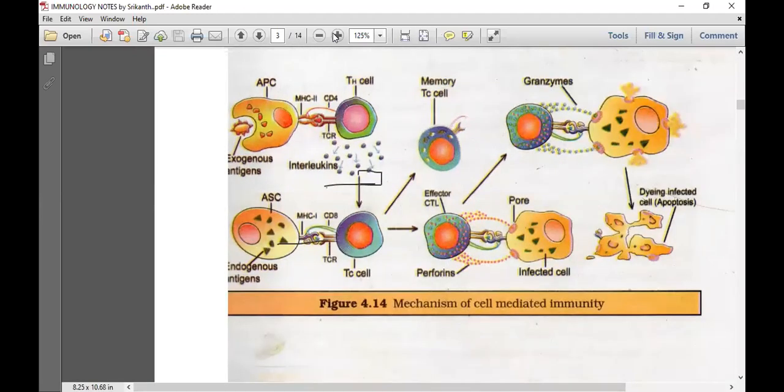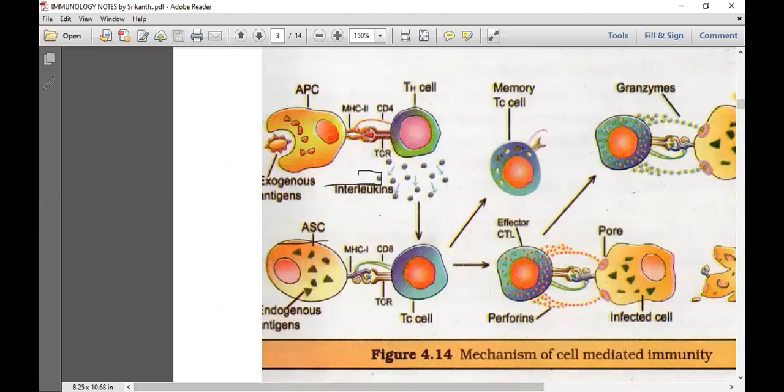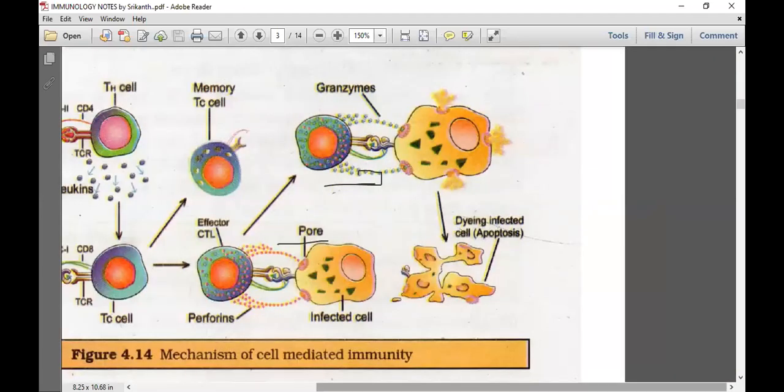What do they do? The cytotoxic T lymphocytes, you see the infected cell, the altered cell. They make some holes that we call pores, perforations.